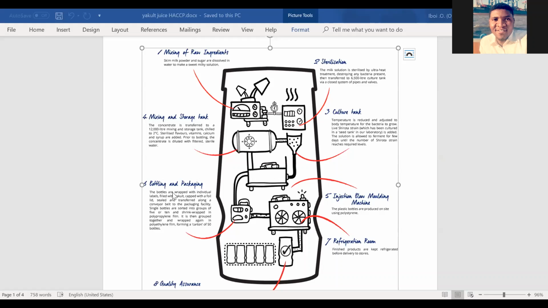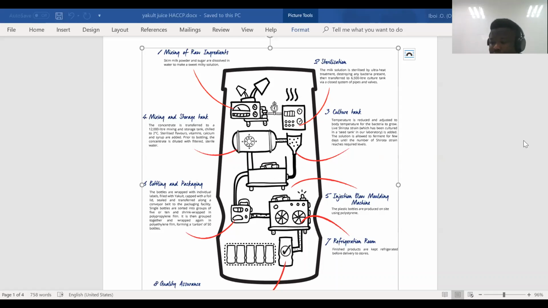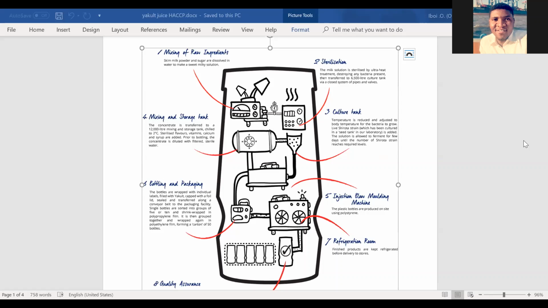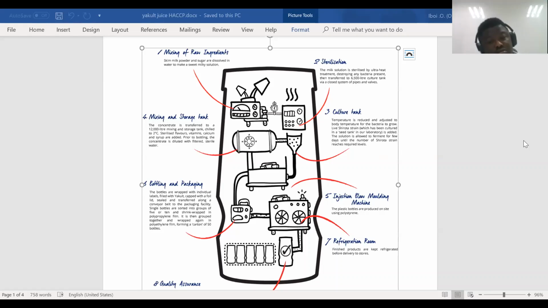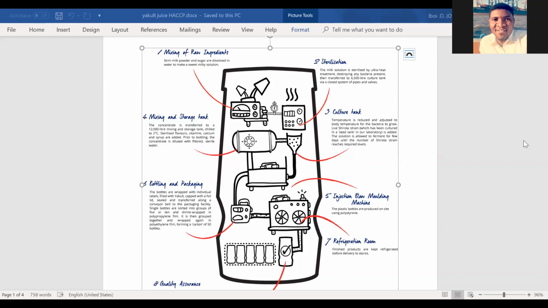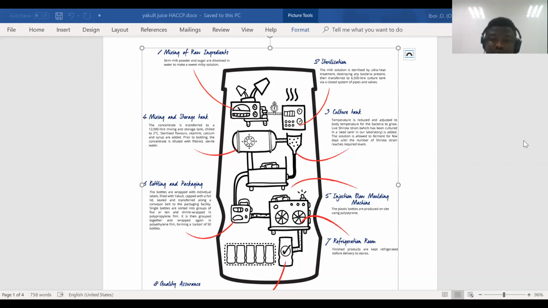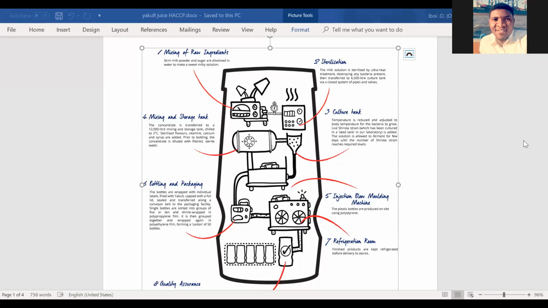But I can read it out for you if it's a challenge. Okay, so maybe you can read it out. Yeah, so it's basically mixing of the raw ingredients first. Then it flows into sterilizing, then into culturing, into mixing, then to bottle blowing, bottling and packaging, and it ends at refrigerating.